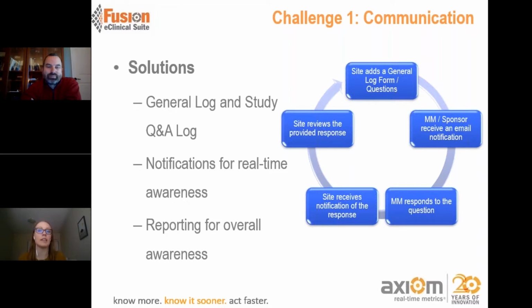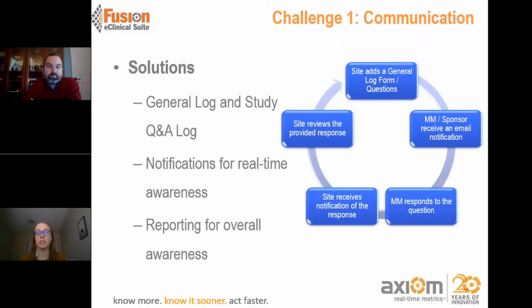So the questions are asked from the site level, the medical monitor, the sponsor, etc. Receives a notification, so there's that real-time awareness. There's the response to that question, the notification on the response end, and then you can close the loop from there. And then any of those key questions can be flagged to be available for the study Q&A log.